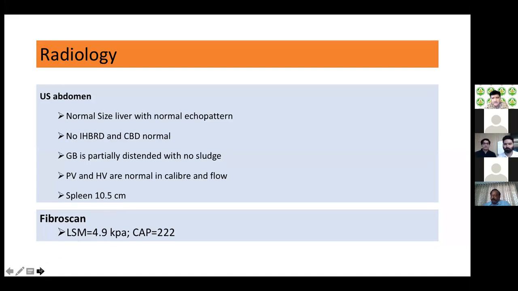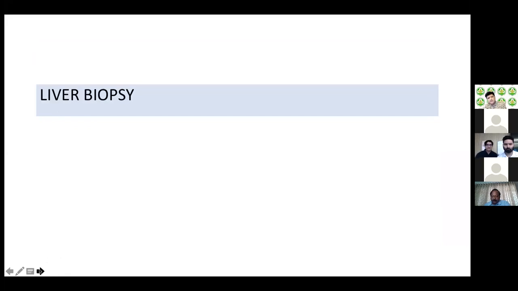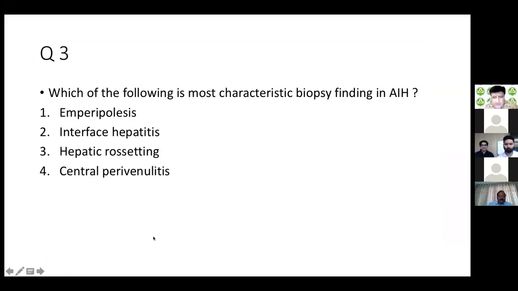Aman, can you stop here for a minute? We'll take the poll question. Poll question, okay. Good stuff. Okay, so the audience is at poll time now. I can read the question for you. Which of the following is the most characteristic finding in AIH? Emperipolysis, interface hepatitis, hepatic rosetting, and central perivenulitis. So, is the poll evident to the audience?